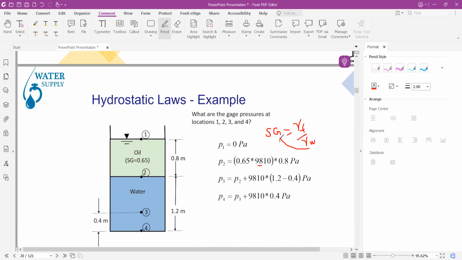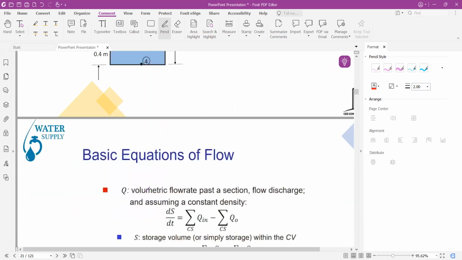So if we multiply by the unit weight of water, which is 9,810, and by the height of that fluid, we get the pressure at point 2. Similarly, knowing the pressure at point 2, we can get the pressure at point 3 by subtracting 1.2 minus 0.4, so we get this distance. So we find the pressure at 3, and similarly the pressure at 4 as well.